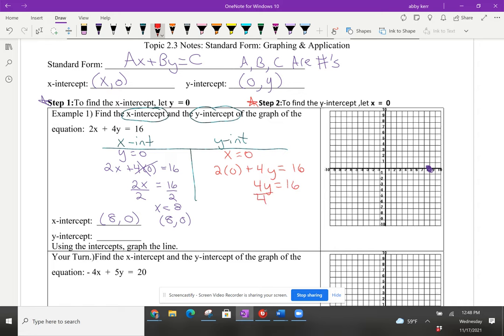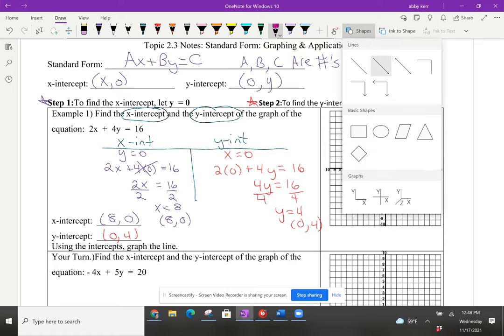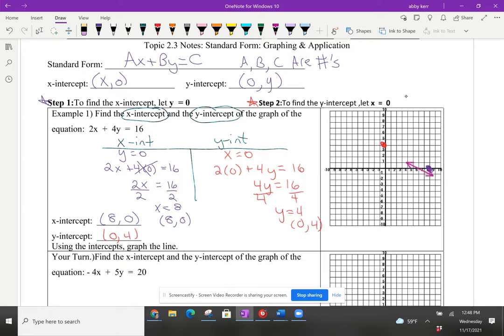In this case, our y is going to be a positive 4 with no left or right movement. Since it's positive 4 on the y-axis, we're going to go up 4. And then we're going to connect the x-intercept with the y-intercept.